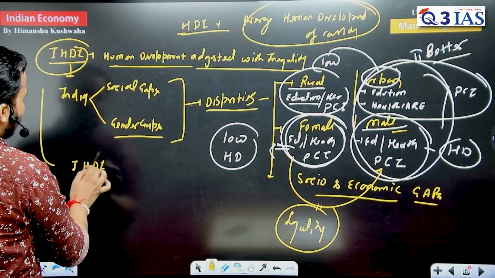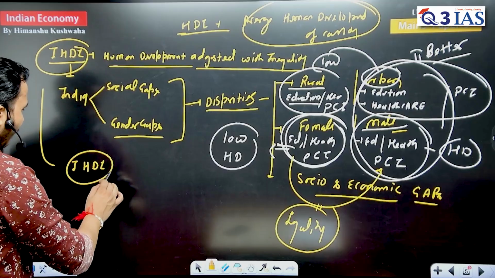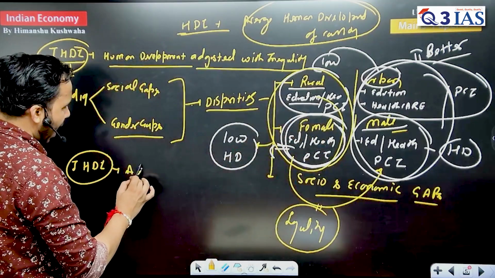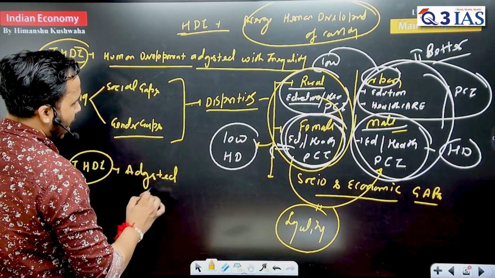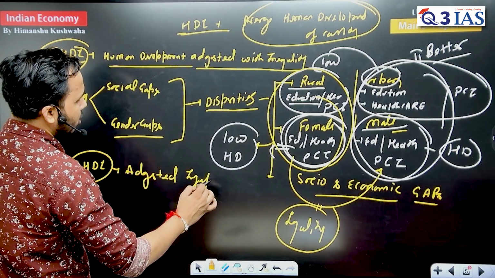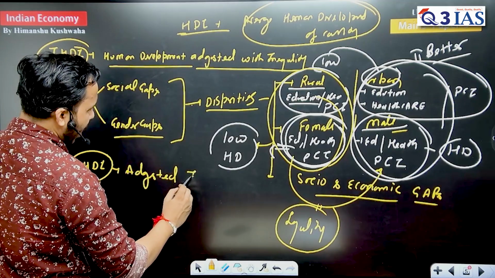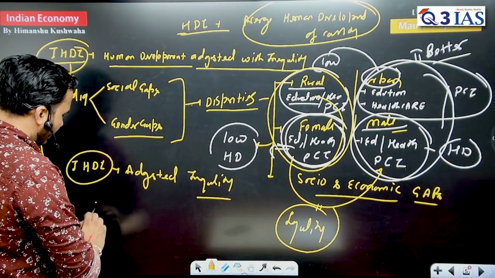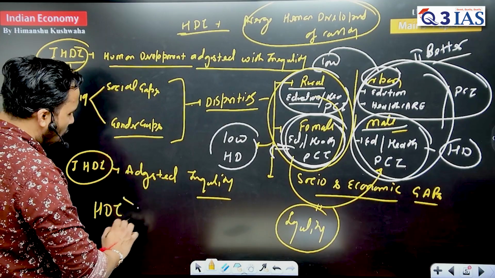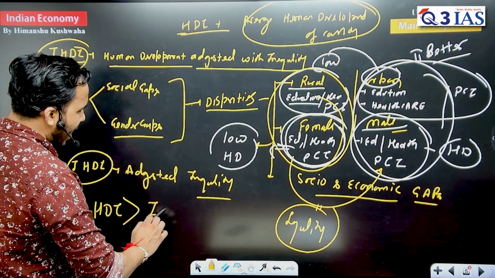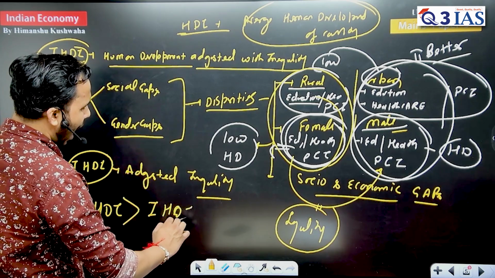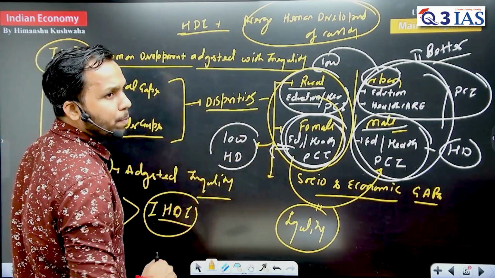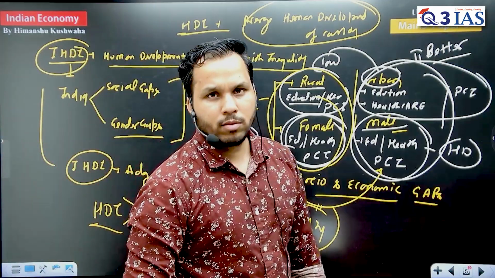UNDP publishes IHDI. IHDI measures such things and adjusts for inequalities. So it means HDI will always be higher than the IHDI, because IHDI always adjusts for this gap, this disparity.